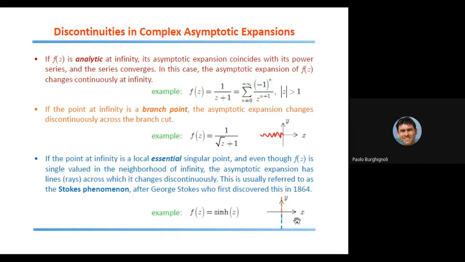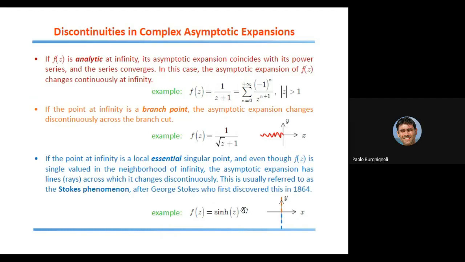However, you cannot represent it asymptotically by means of only one asymptotic series. You need two. One for the right half plane and another one for the left half plane. The imaginary axis being the place where the Stokes discontinuity occurs.